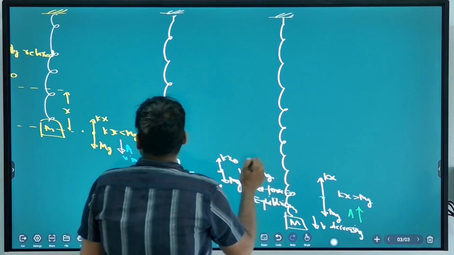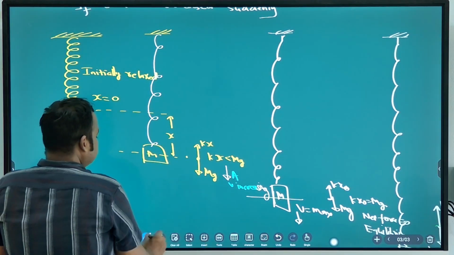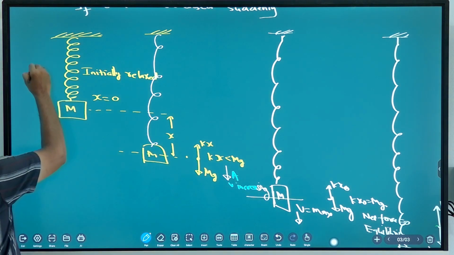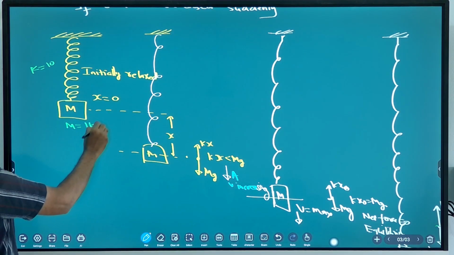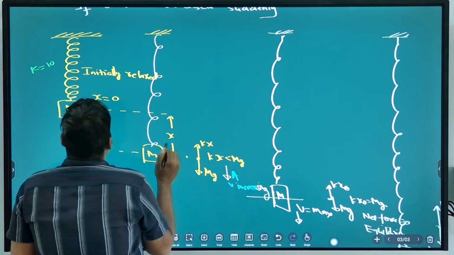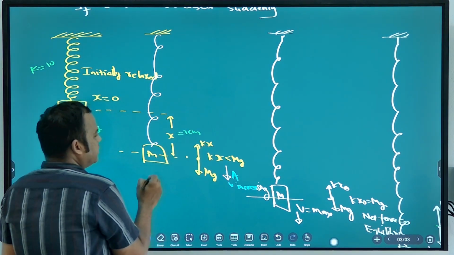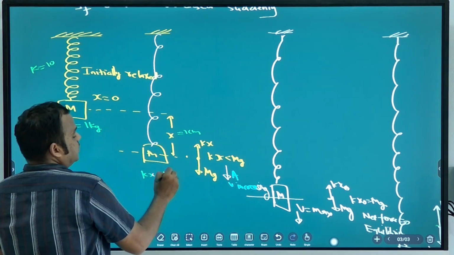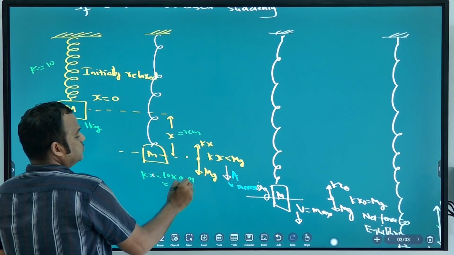See, let's take numerical values. Let's suppose k is equal to 10 and m is equal to 1 kg. When x is equal to 1 centimeter, what is kx? 10 into 0.01, so 0.1.